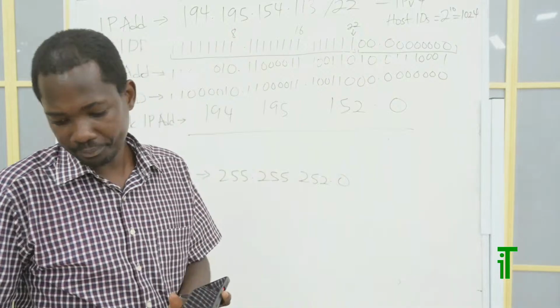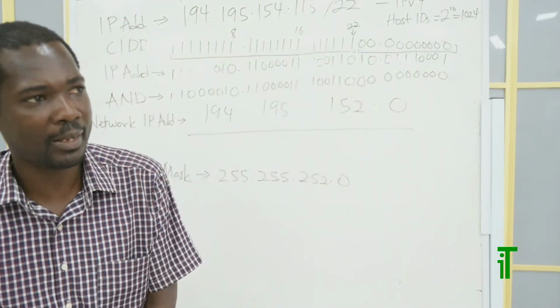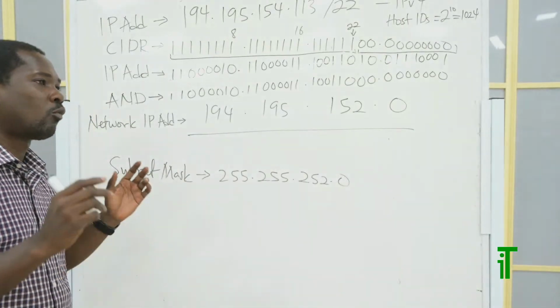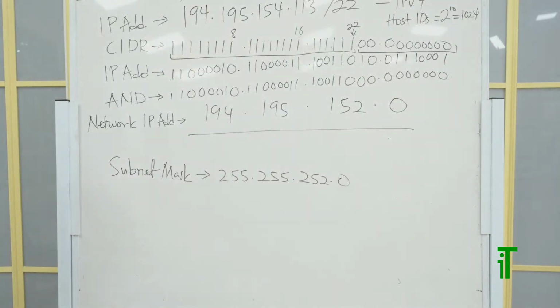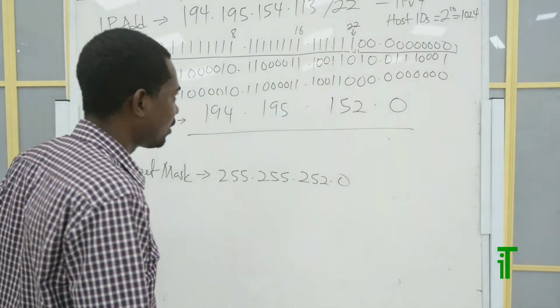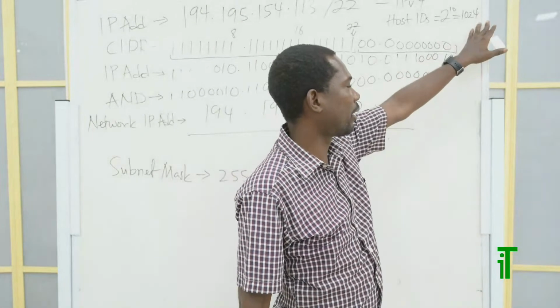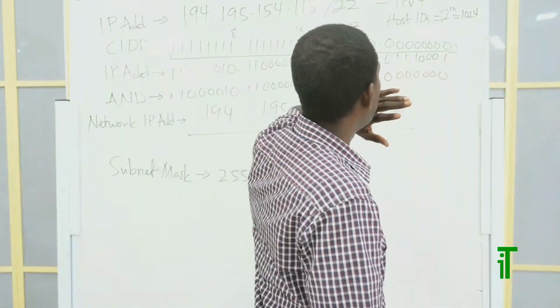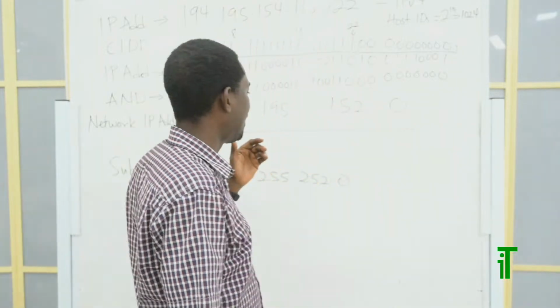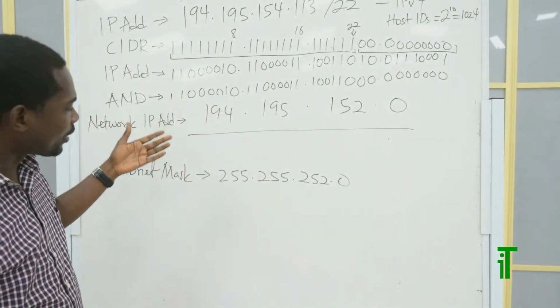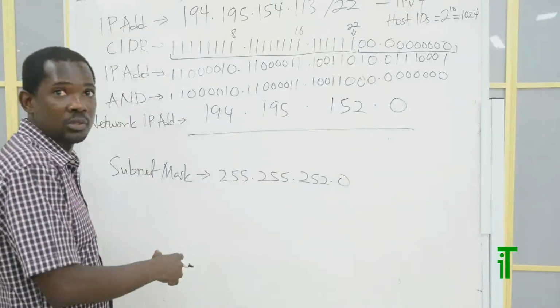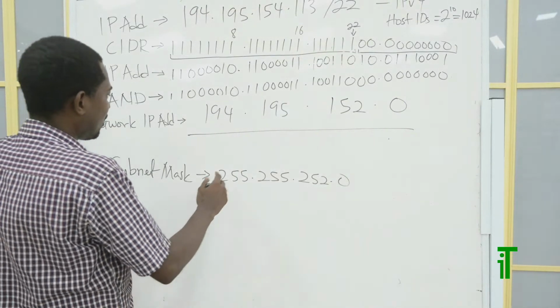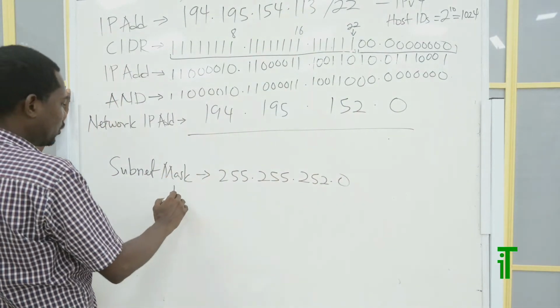We know that for every network, there are 2 IP addresses that we don't assign: the network IP address and the broadcast IP address. So we can remove 2 from here, but it's not necessary here. So we're going to first list the range of IP addresses.